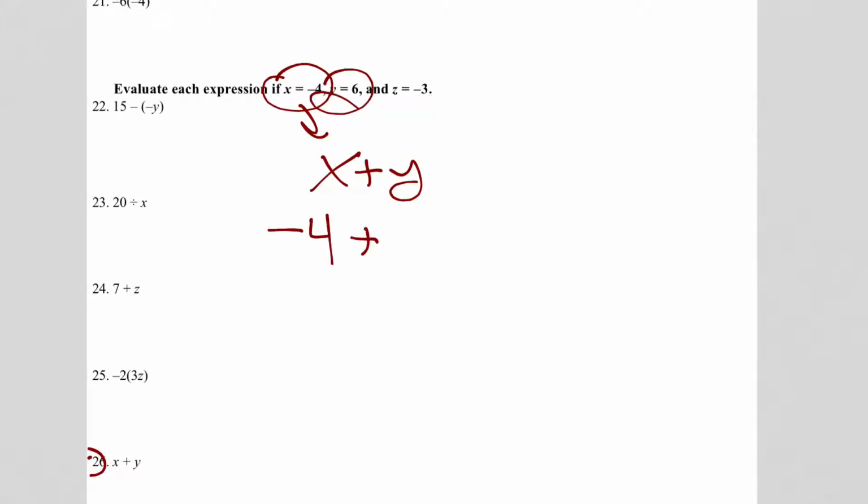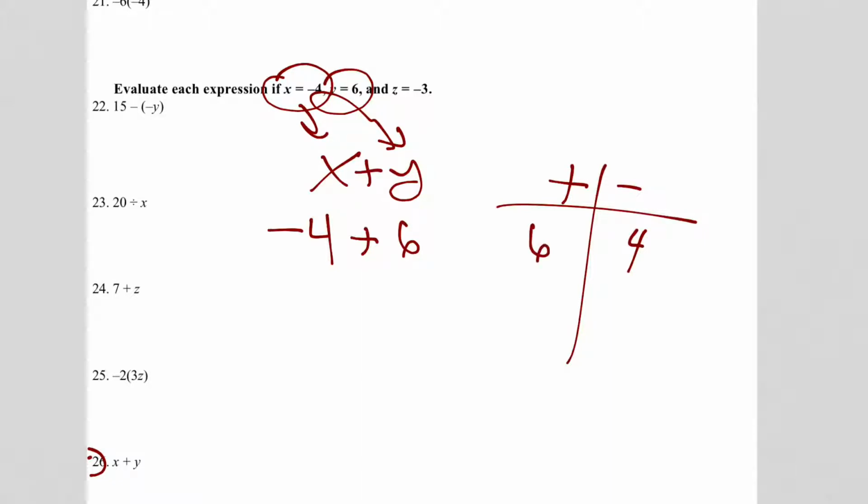Number 26, we have x plus y. In this case, x is negative 4 plus y. Y was 6. Scoreboard method, since we're adding or subtracting. 4 is negative, 6 is positive, so the positive team scored more points.